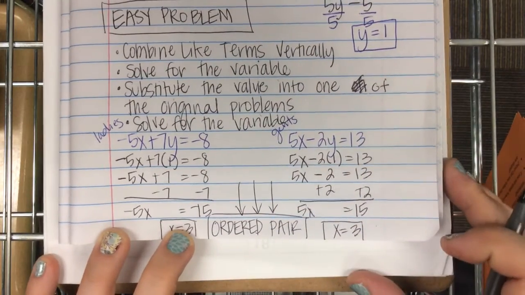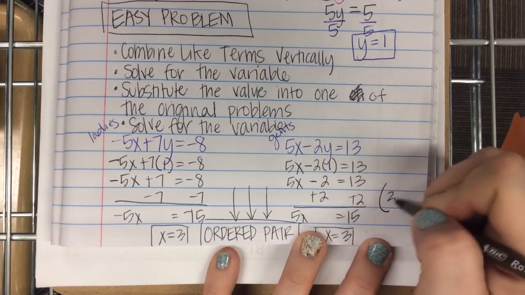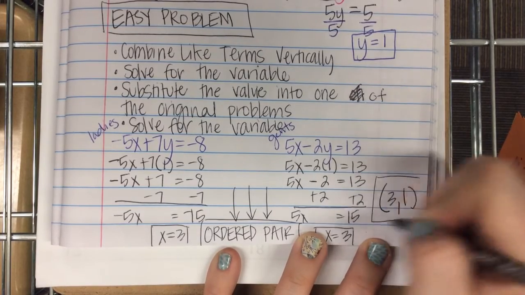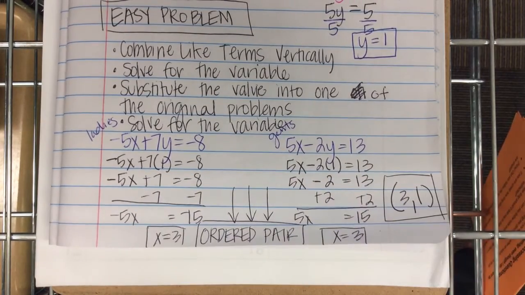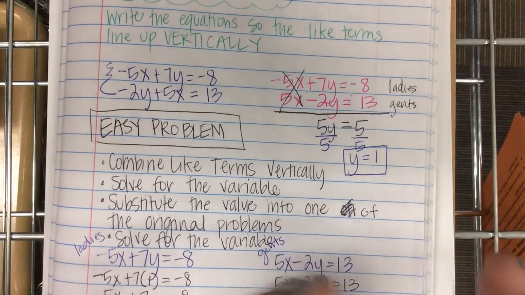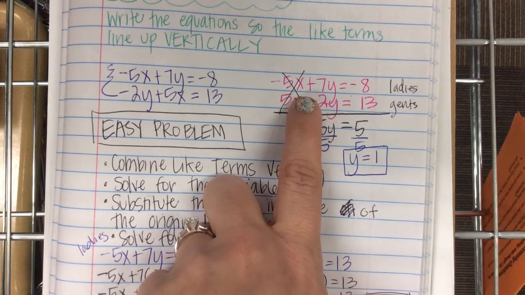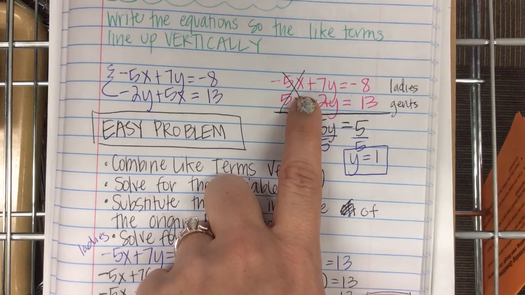So what's the ordered pair? 3, 1. Right? An easy problem because it's an automatic cancelization, right? It automatically cancels out.